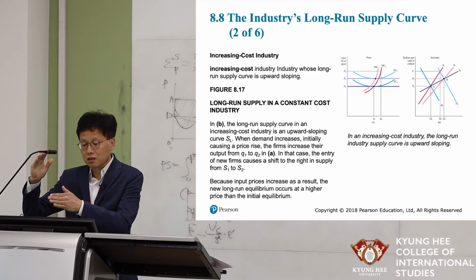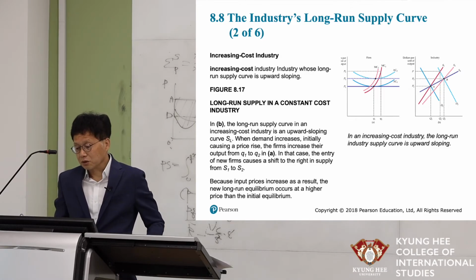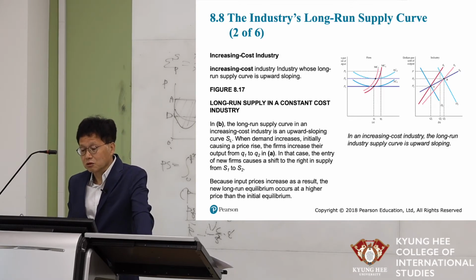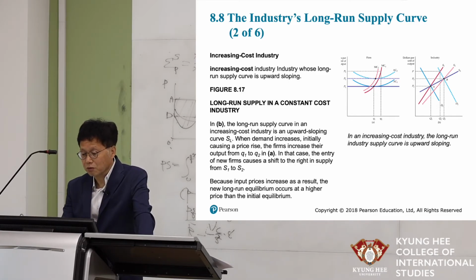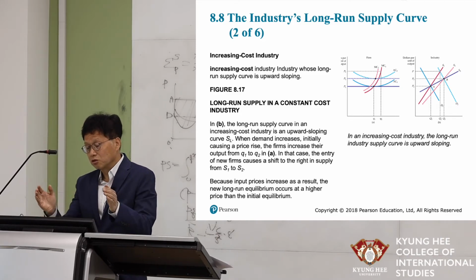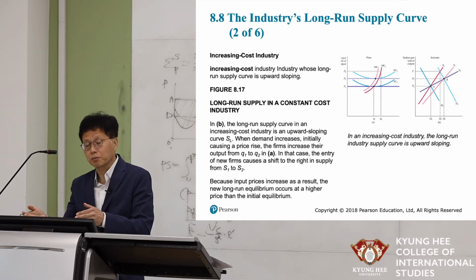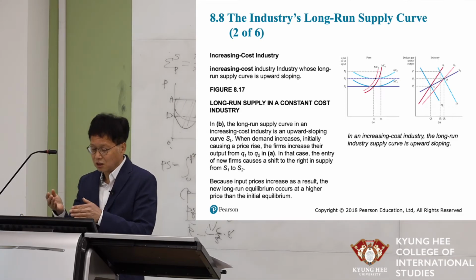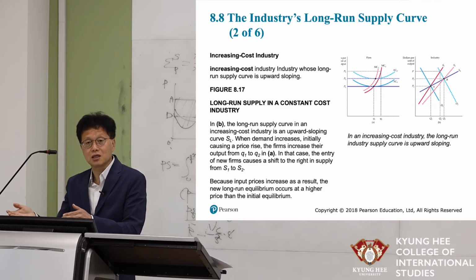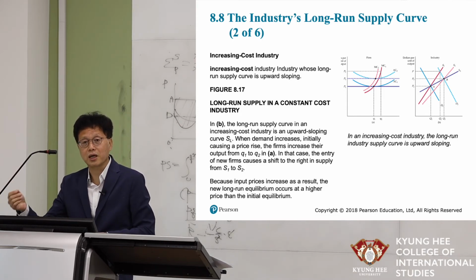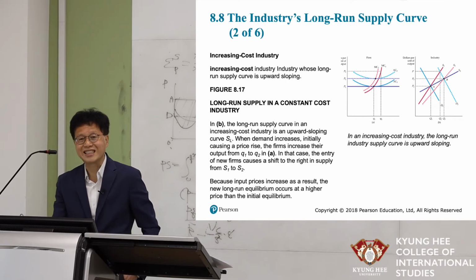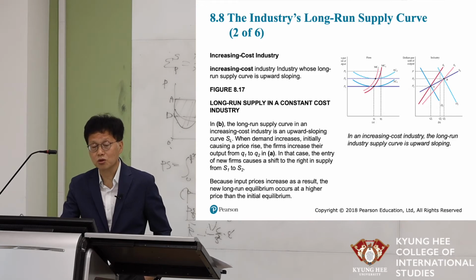Then new firms enter the market to enjoy positive profit, because the price is higher than the original price. Industry supply increases as new firms enter the market. Sometimes this leads to increasing individual firms' costs.